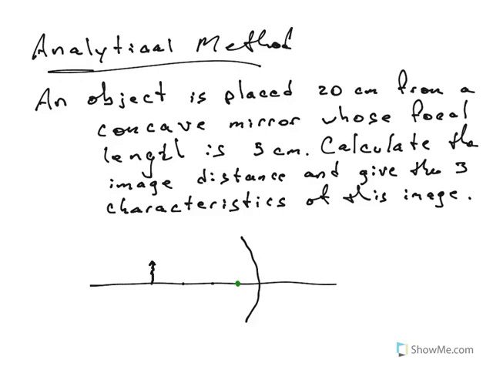Now, first I'm going to solve this analytically, get the answers by math, and then I'll do it using ray tracing as we did before, and we see if they match. So, how do I solve a problem like this?